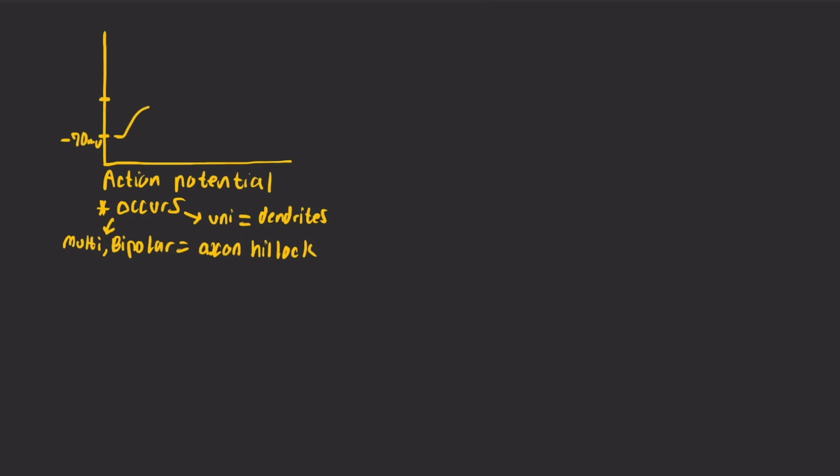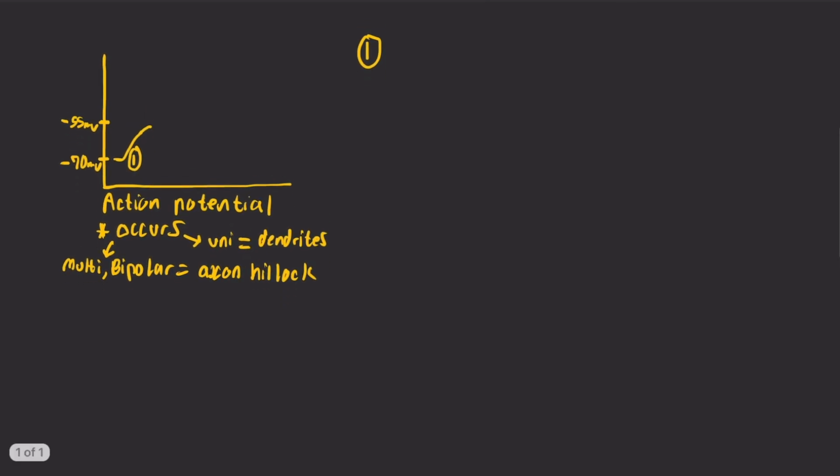Let's say this is negative 55 millivolts, which is our threshold in initiating. Okay, so step 1. Let's say a stimulus happens on the neuron.